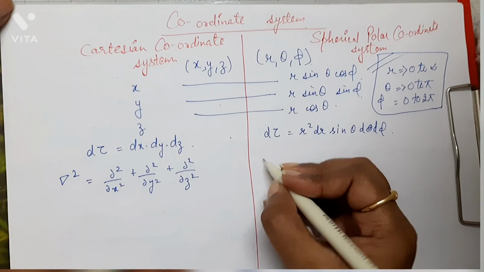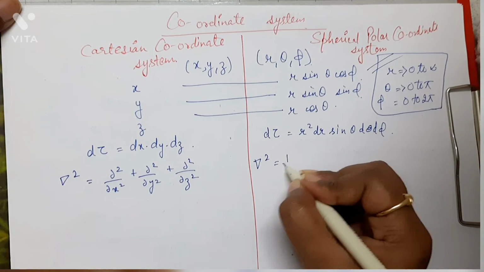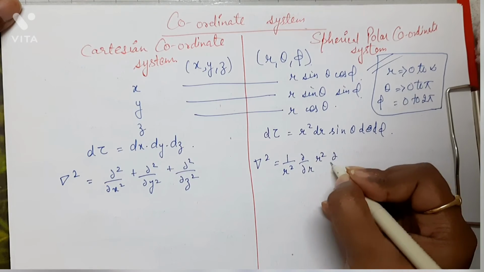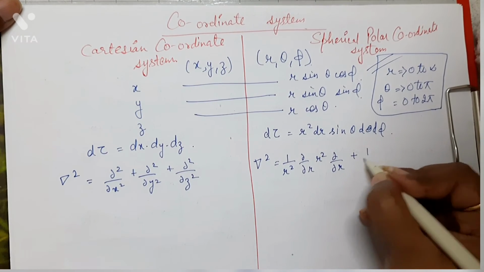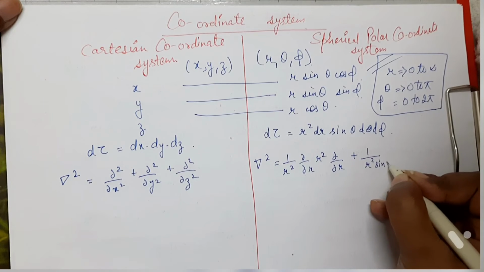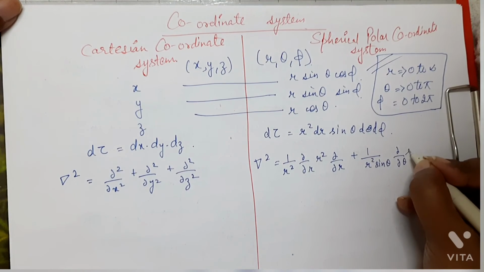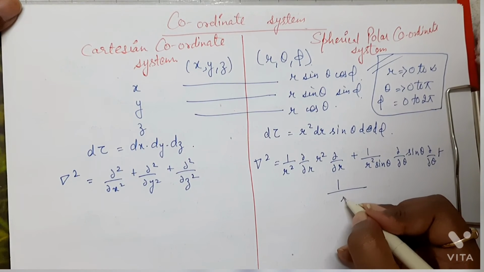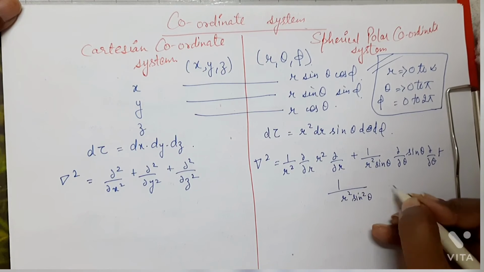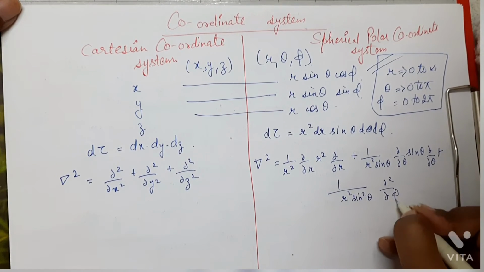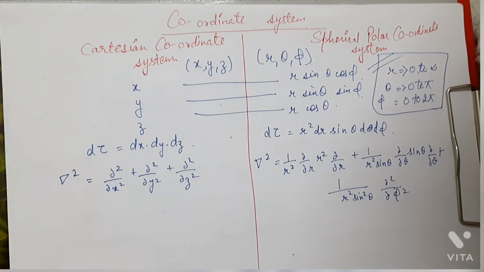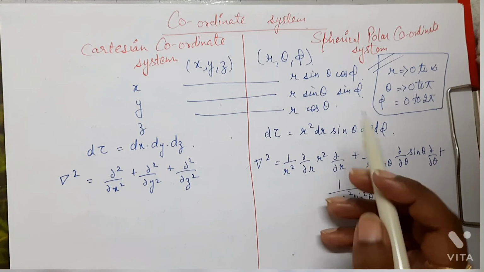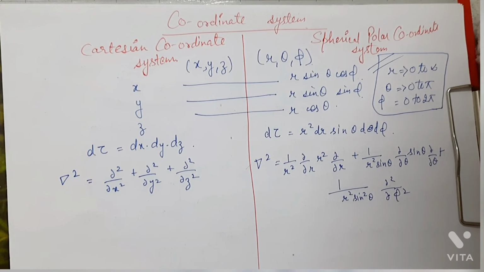In the spherical polar system, del square is equal to 1 by r square del by del r into r square del by del r plus 1 upon r square sine theta del by del theta into sine theta del by del theta plus 1 upon r square sine square theta del square by del phi square, right? So if you are thinking that you are not going to remember this part, don't worry, you need not remember this part till now, okay?